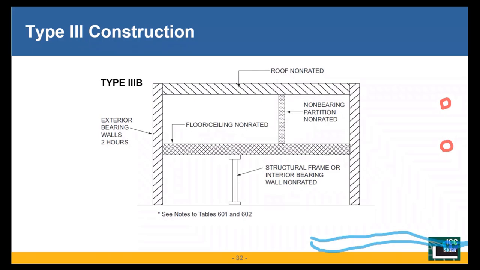If you recall type 2B earlier, we showed that nothing is rated in here, and also the height. So all these things relate to each other. When the type of construction for the elements are not rated, you'll see that the allowable area is limited in size.